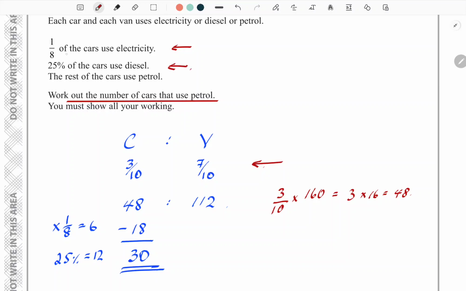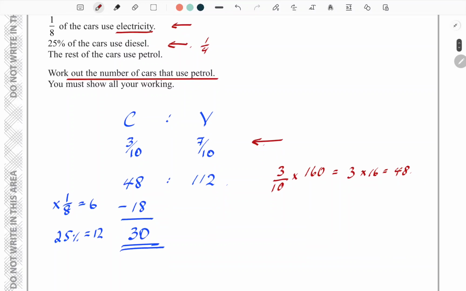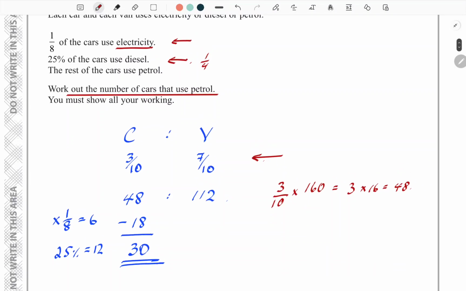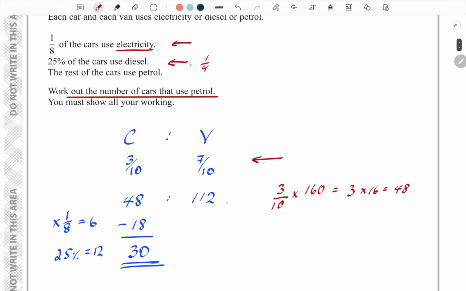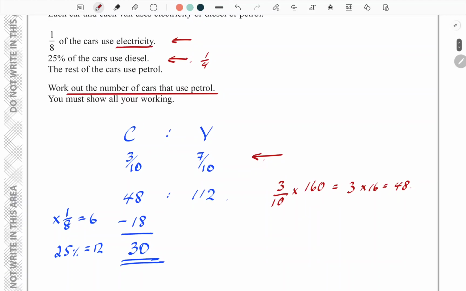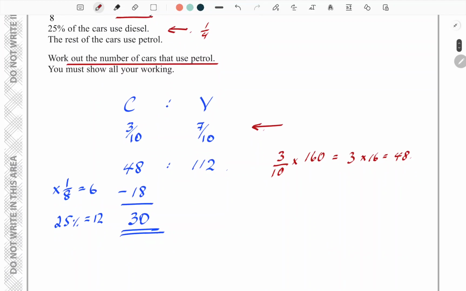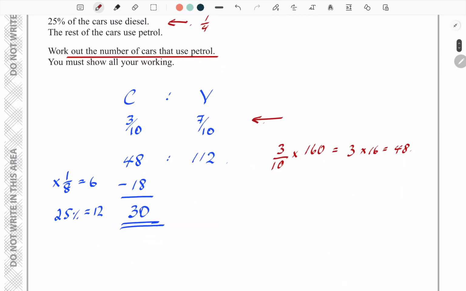It says 1/8 of the cars use electricity, 25% of the cars use diesel, so call that a quarter if you want. And we need to eliminate those two items, and whatever's left over within the cars is going to be petrol, all right? So of the 48 cars, times it by 1/8, that equals 6, all right?